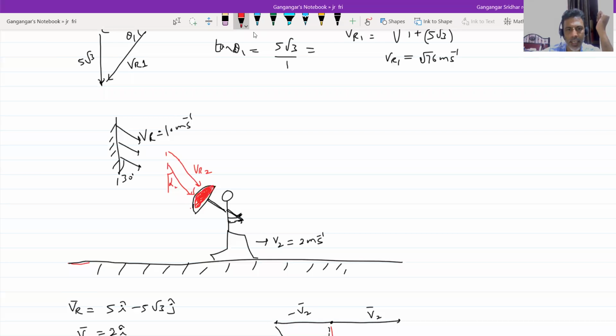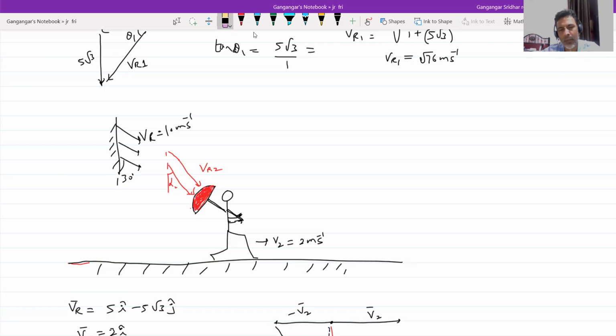Look at the direction. Earlier, he was holding the umbrella in one direction. Now the raindrops will come from behind, no? The raindrops will come from behind. He has to hold the umbrella in this direction.